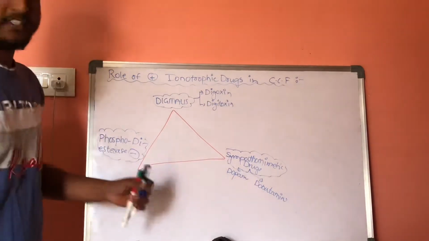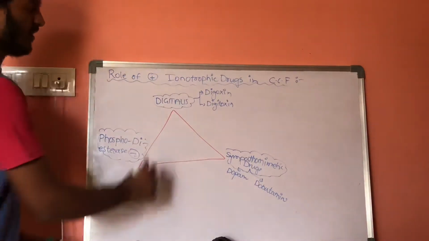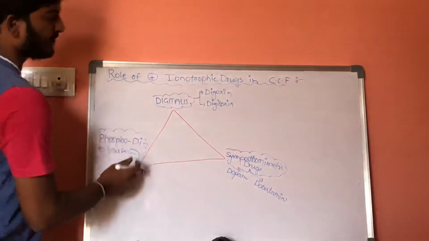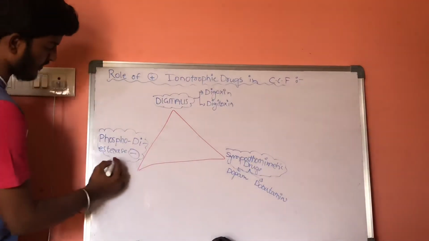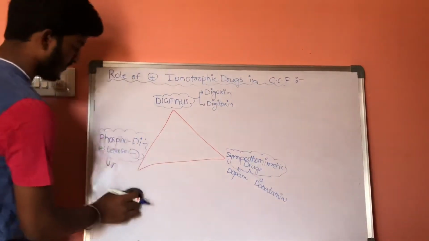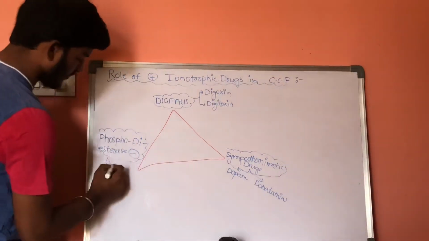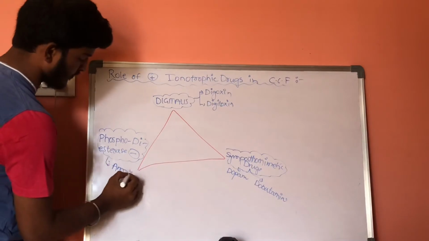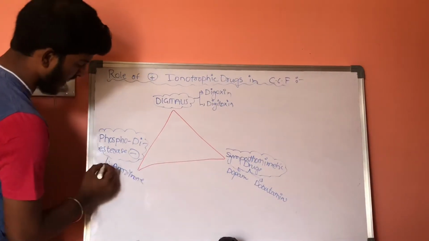What are phosphodiesterase inhibitors? We will explain in the next class, in the upcoming lectures. It includes amantadine, amrinone and milrinone.